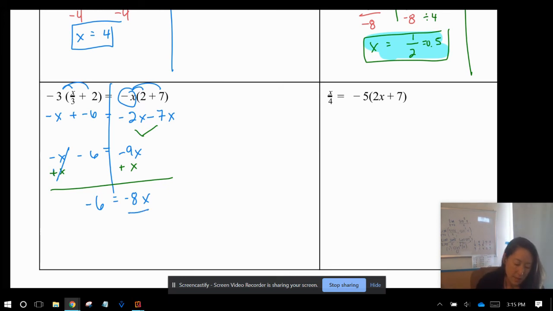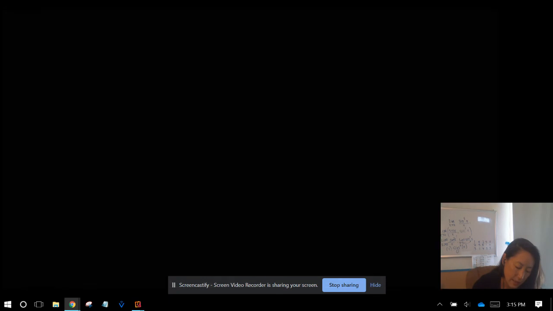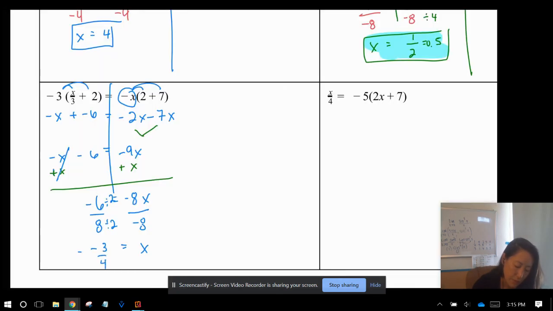Then divide by negative 8 to get x alone, or think like the weight of one mystery bag. Okay, and then I'm going to simplify. Divide by 2 on the top and the bottom, giving me negative 3 over 4, or 0.75.